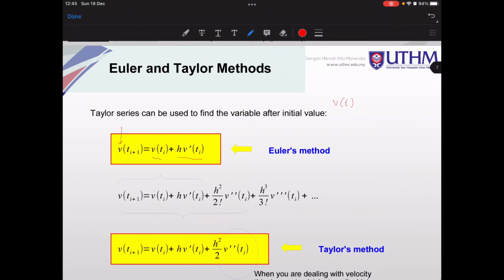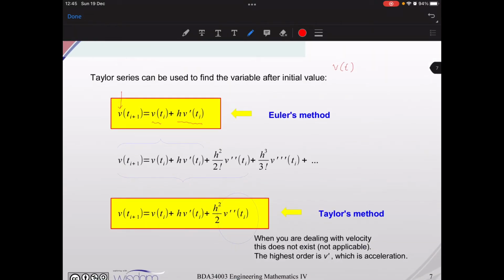You just change the term from y to v. If you are solving, for example, flow rate, then you need to change from v to q. So it's still the same. We are only considering up until the first order, and if you're using Taylor's method, it will be second order.